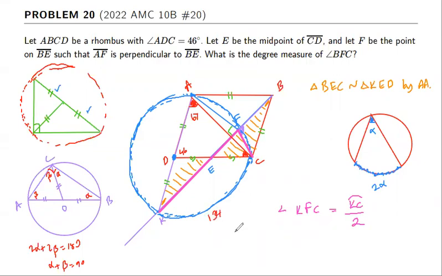So that should be 134, okay? Then if this is 134, we know KFC is half of this, which is actually 67. Then if the angle right here is 67, the angle we are looking for is going to be 113. And that is your answer.